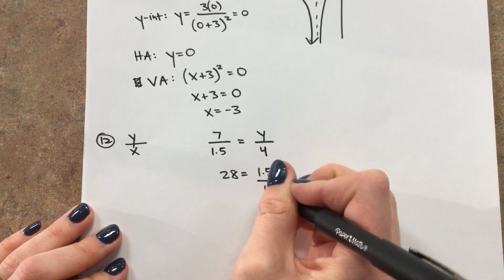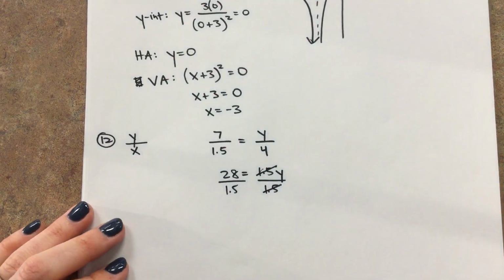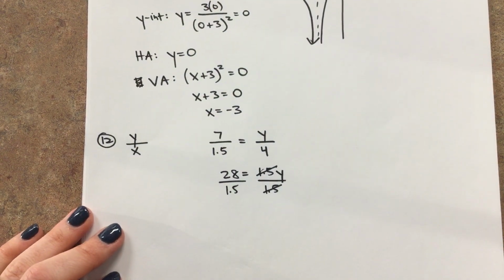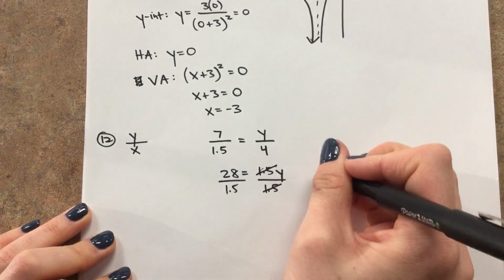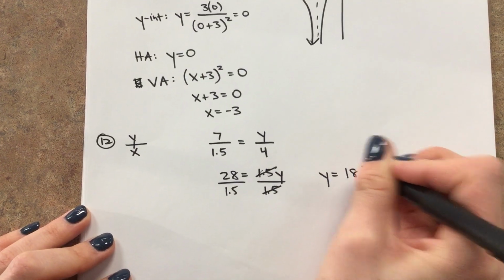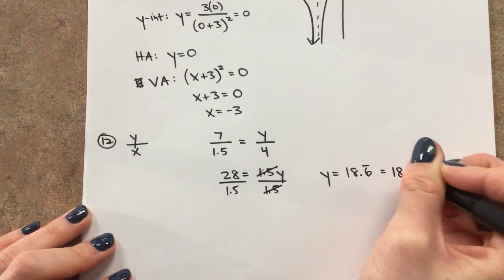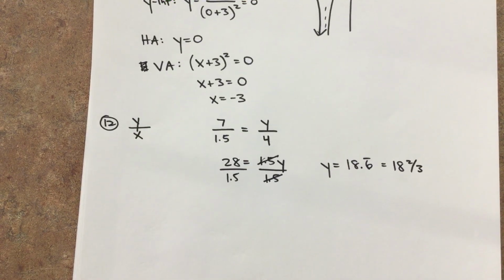So then divide both sides by 1.5. You end up with 18.6 repeating, so it ends up like 18 2/3. So you can either do 18.6 repeating or 18 2/3, whichever way you prefer, or just like 18.67.